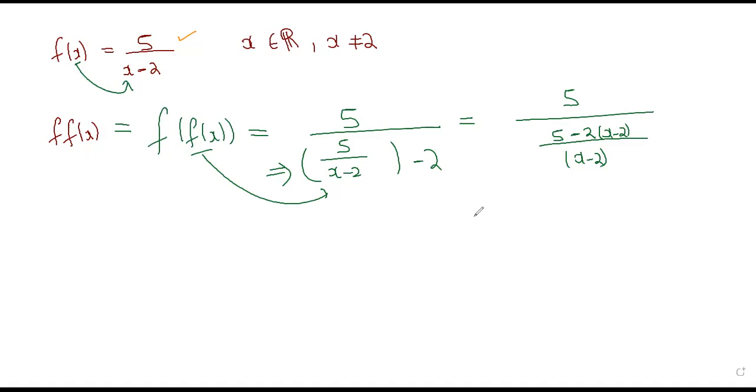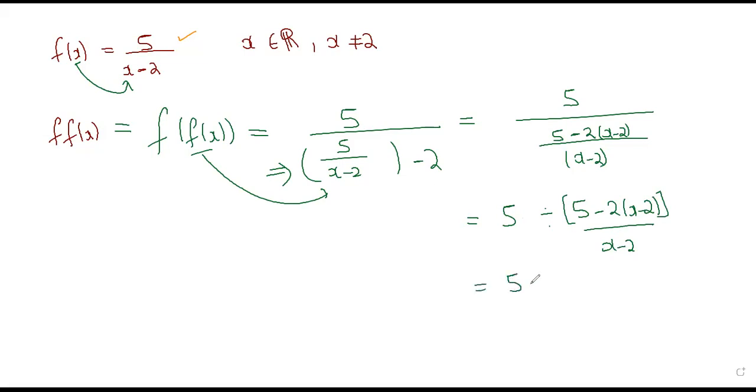Now I can write it as 5 being divided by 5 minus 2 into x minus 2, divided by x minus 2. Okay. So then we are going to take the reciprocal.